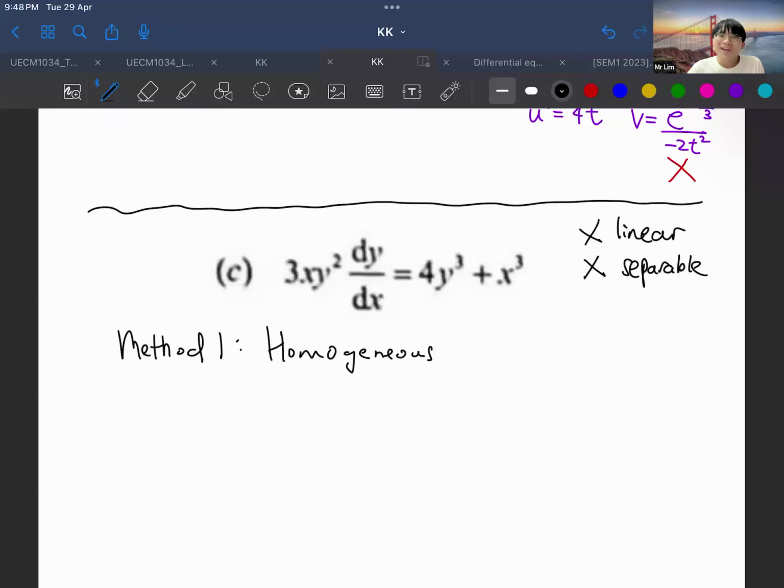When you are not able to solve it as linear and not able to solve it as separable, you need to transform by means of substitution, right? But homogeneous means that you let v equal to y over x. So this is the specific substitution. But we have many kinds of substitutions. Apart from v equal to y over x, we are still able to have other forms of substitution. So that gives us method 2.